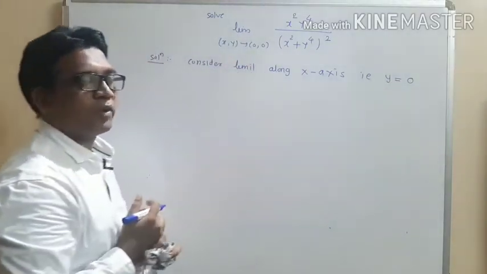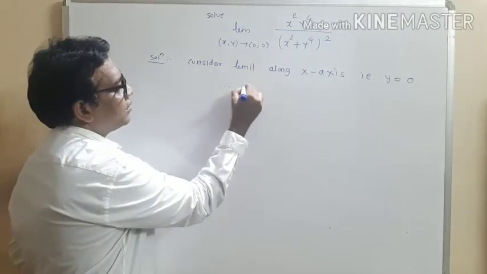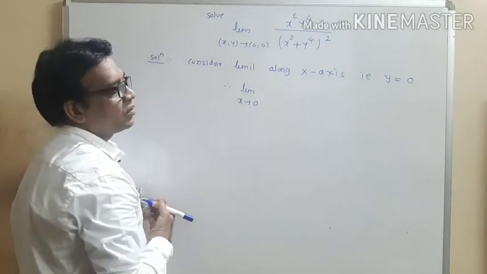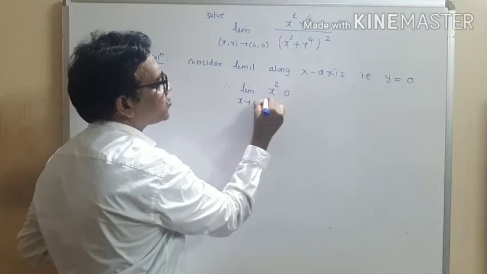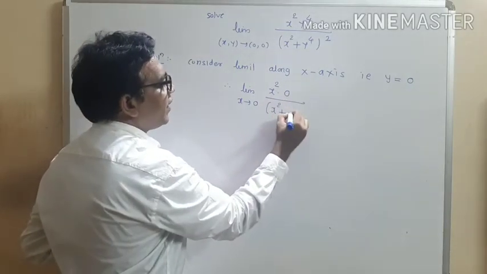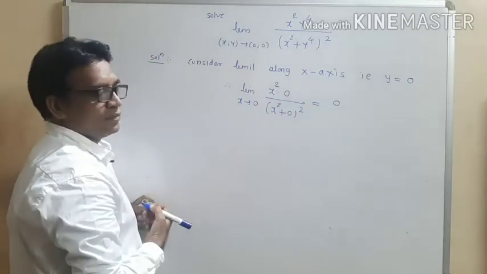It is the equation of x-axis. So find out this limit. We get limit x tends to 0. So put y is equal to 0 in the given function, x square into 0 divided by x square plus 0 bracket square. So obviously it is 0.